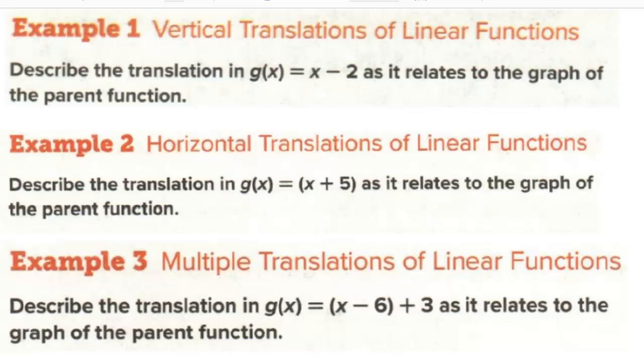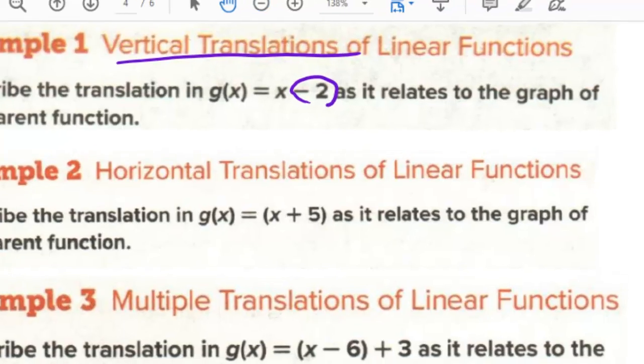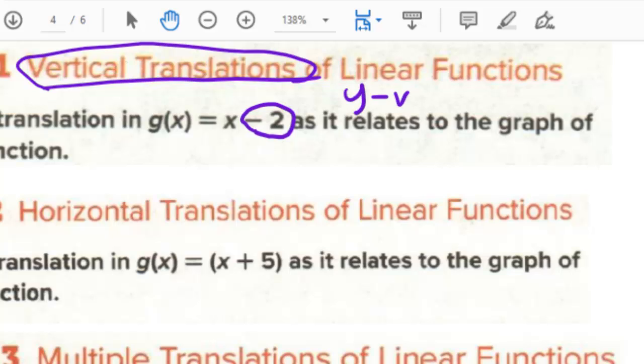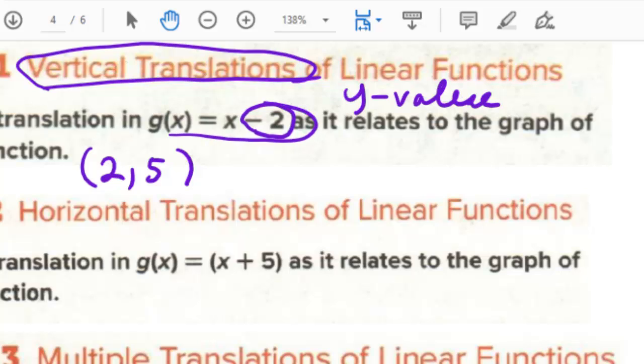So the first thing you want to notice about vertical translation is the translation occurs outside the function. And when it happens vertically, that means the calculation is happening directly on the y value. So if I had a point somewhere that was, let's say, (2, 5), in order to apply this transformation to it, this minus 2 here is actually only going to affect the 5.